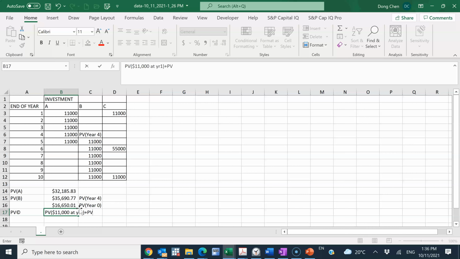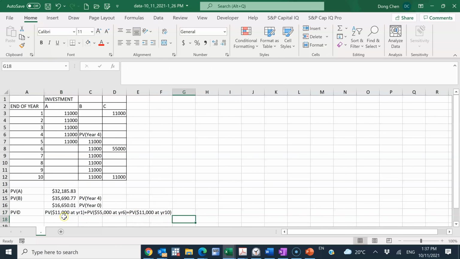And then add the present value of this $55,000 at year 6, and then add the present value of this $11,000 at year 10. Actually, this $55,000 is not at year 2, it's at year 6, right? We need to keep that in mind. So that's the formula to get the present value of investment C.